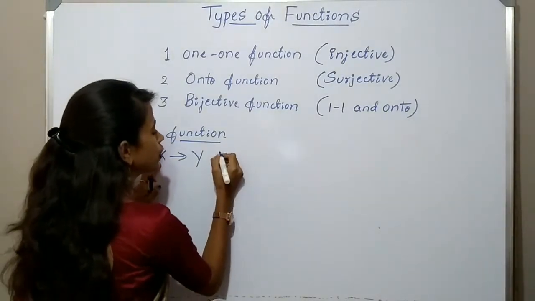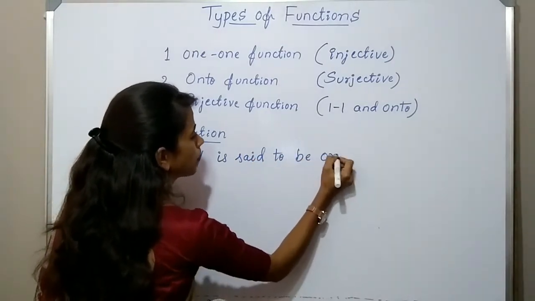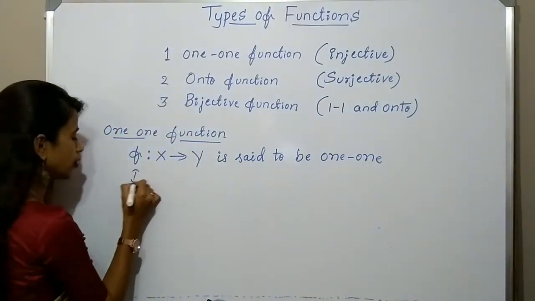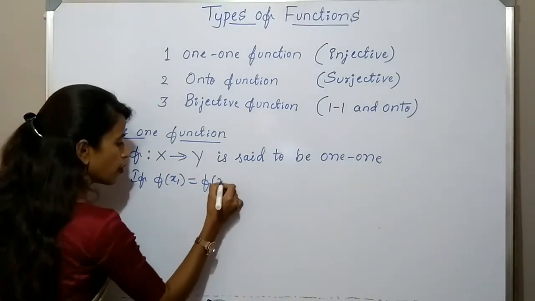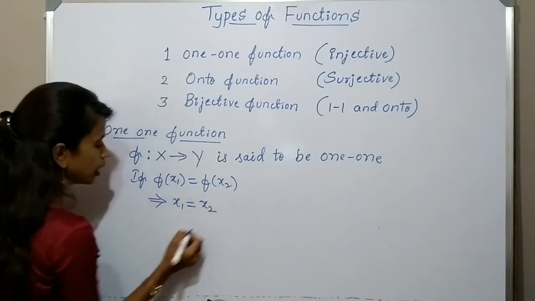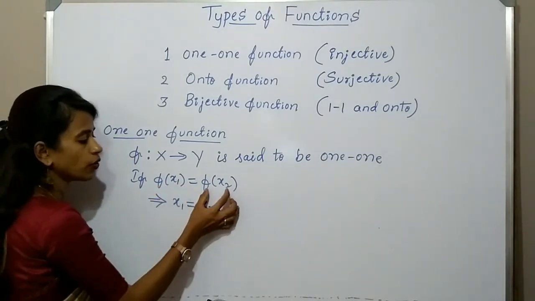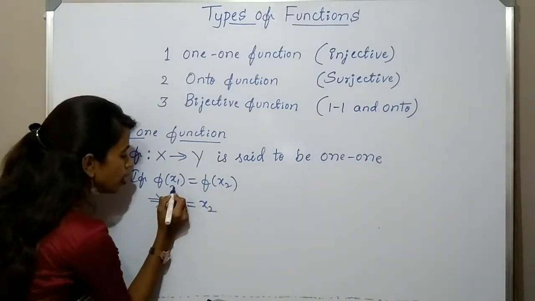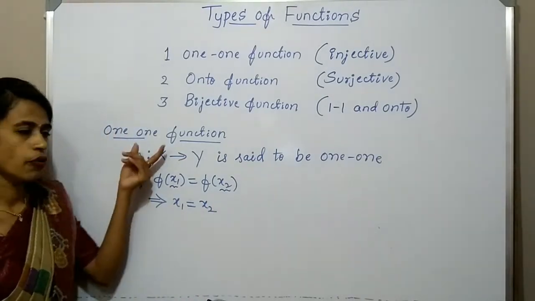The mapping is said to be one-one if f of x1 is equal to f of x2 implies x1 is equal to x2. That is, if the images of x1 and x2 are equal, then the corresponding elements are also equal. So this is the definition of one-one function.